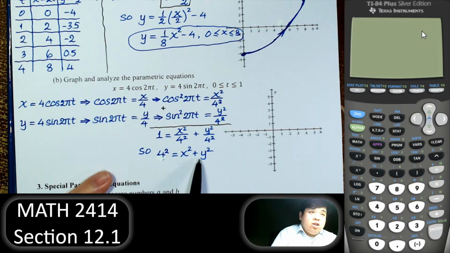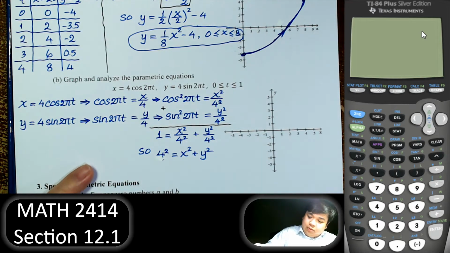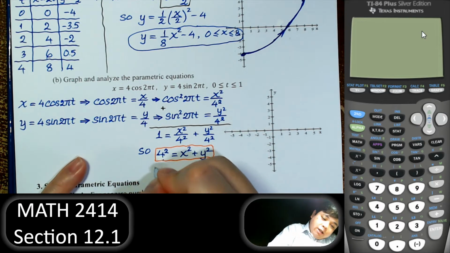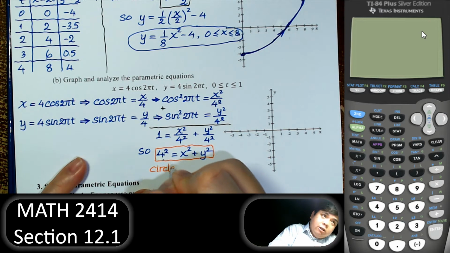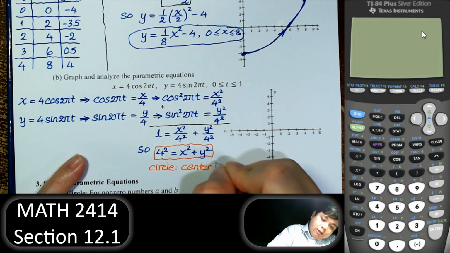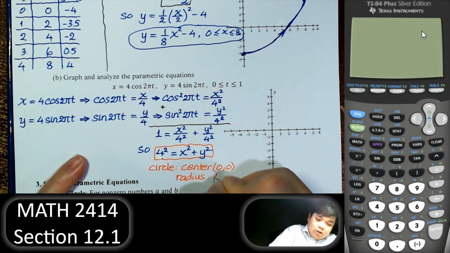Now, this is the equation of a circle, center 0, 0, radius 4. So this equation is a circle, center at 0, 0, radius 4.